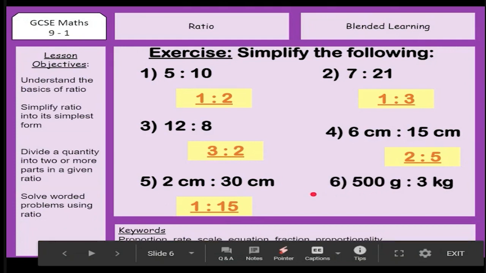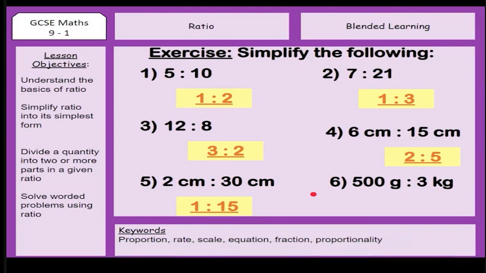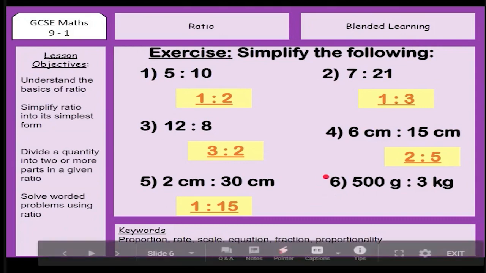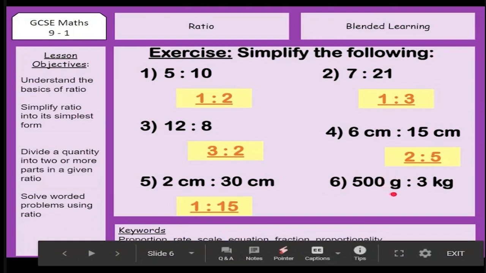Finally, 500 grams to 3 kilograms. Right, this time we don't have a common unit of measurement. They are different measurements.